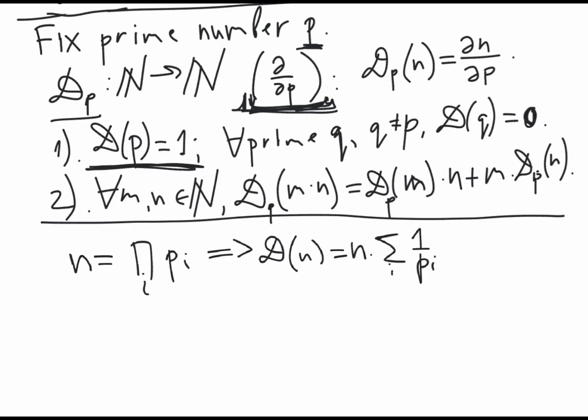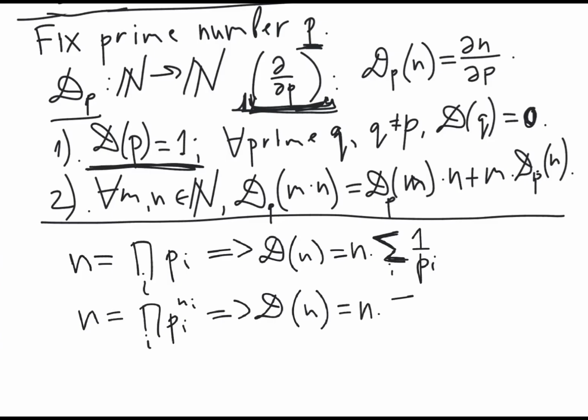So if some prime number occurs twice here, so n is divisible by p squared, then in this sum this prime number would also occur twice. Another way to write this is if we have different prime numbers p_i with powers n_i, then d of n is equal to n multiplied by the sum of n_i over p_i.